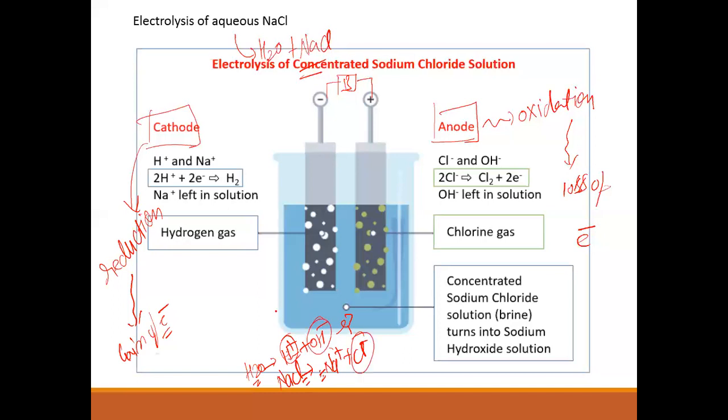Out of these, Na plus and H plus will go first to the cathode, and it gets reduced into hydrogen gas, whereas out of OH minus and Cl minus, one will go first to the anode, and it gets oxidized and converted into Cl2 plus 2 electrons.